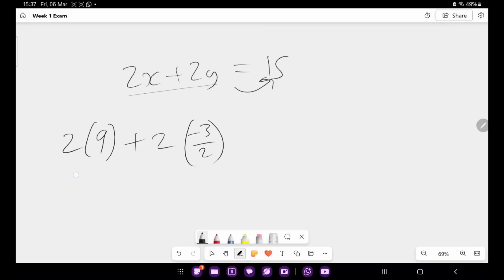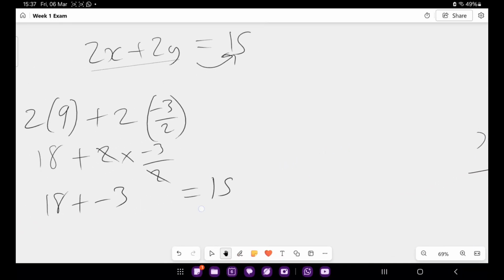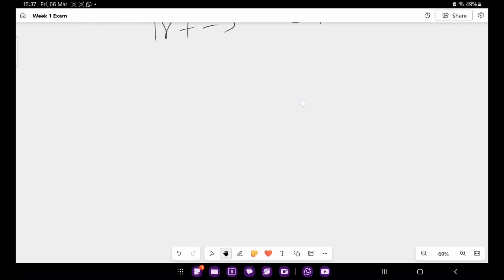So 2 times 9, we get 18 plus 2 times minus 3 over 2. This cancels each other. 18 plus minus 3, which is 18 minus 3, and then I get 15. Okay, the first equation is correct. So far, so good. Now we have to test the second equation so that we can be 100% sure.